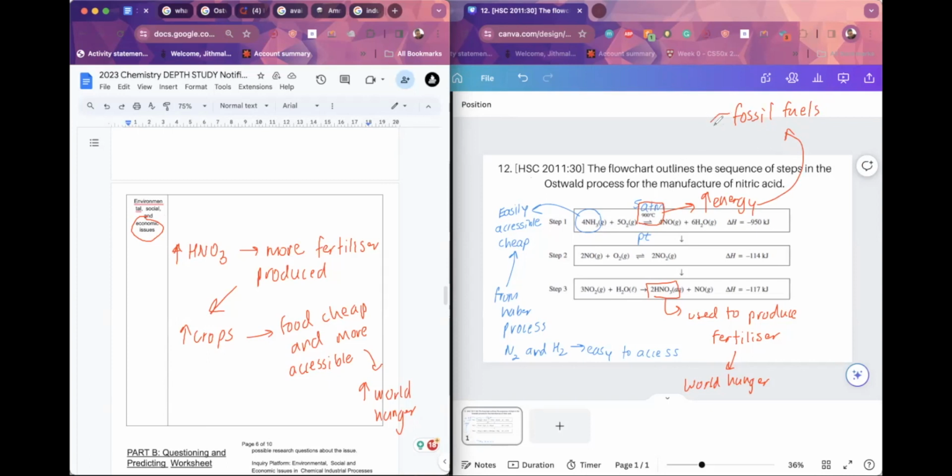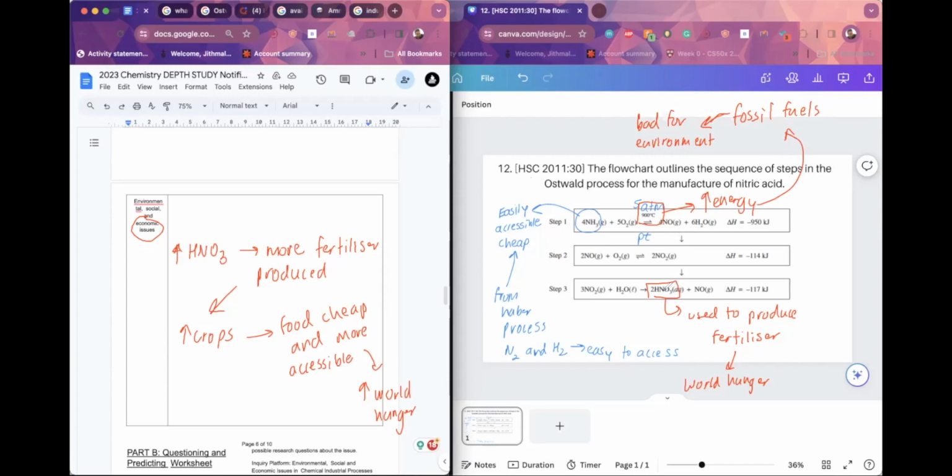And that fossil fuels are bad for the environment. Yeah, those are some of the ways you can take it.